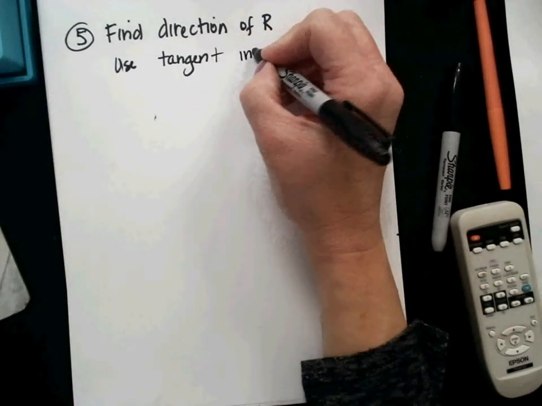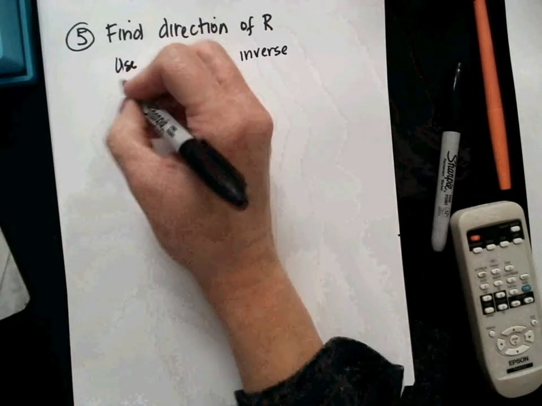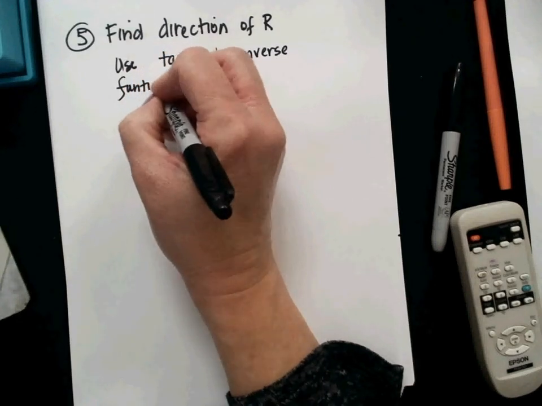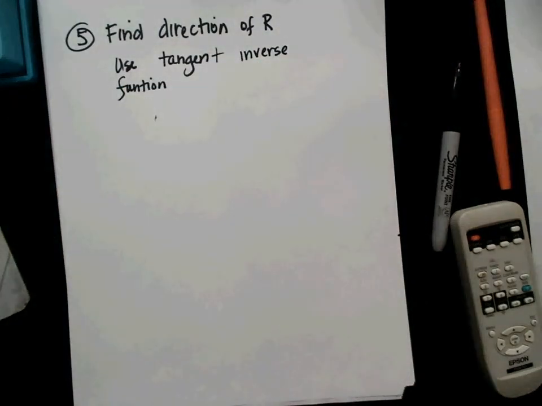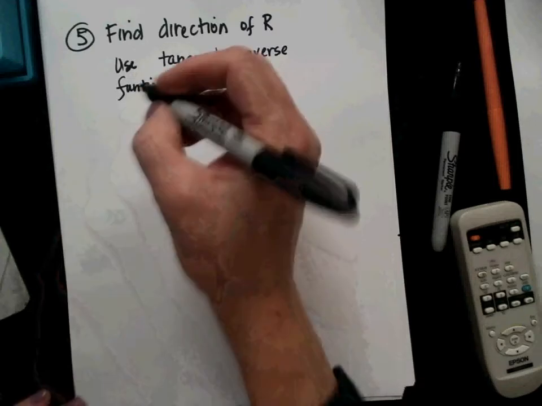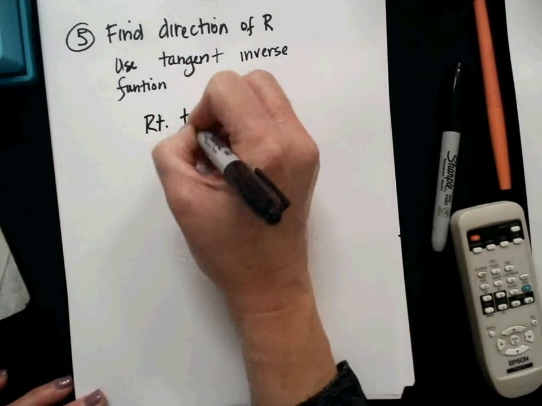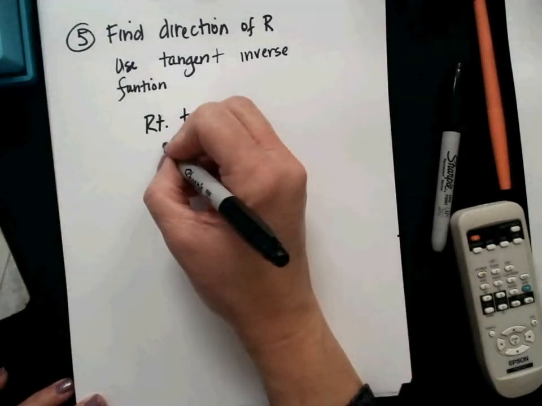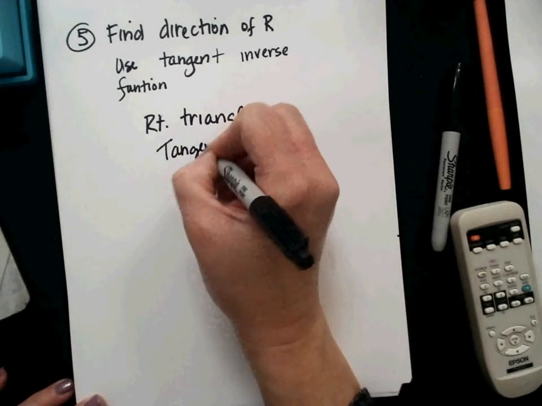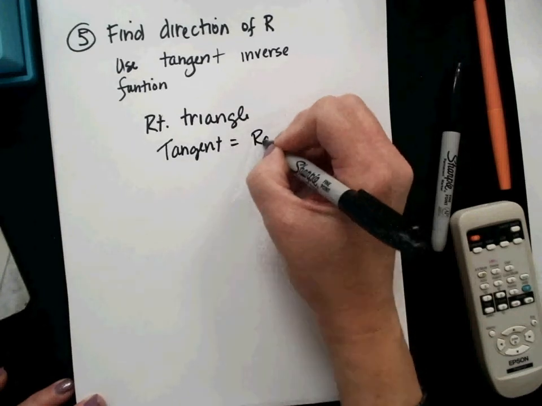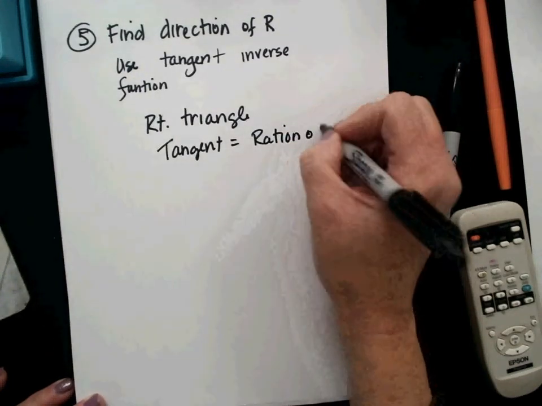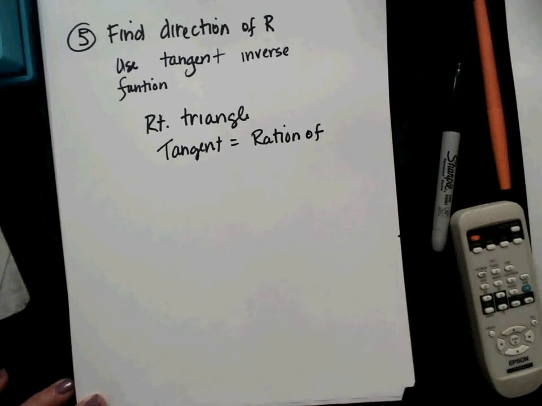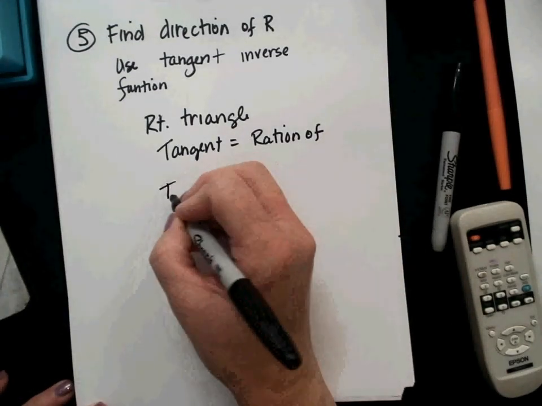And when we do that, we use something called the tangent inverse function, which you should have learned in math, but I don't know if you'll remember how you do that. If I have a right triangle, my tangent equals a ratio of what? 2 legs.